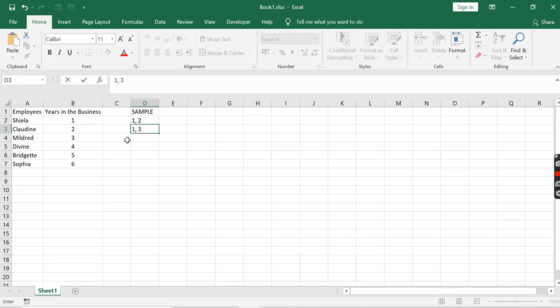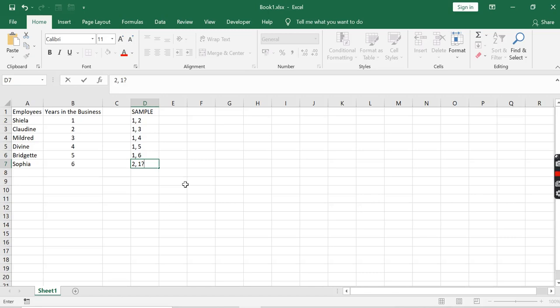Next, let's pair 1 and 4. So we have 1, 4. Next, let's pair 1 and 5. So we have 1, 5. Let's pair 1 and 6. So we have 1, 6. Okay? Next, let's pair 2 and 3. Oh, question. Should I pair 2 and 1?